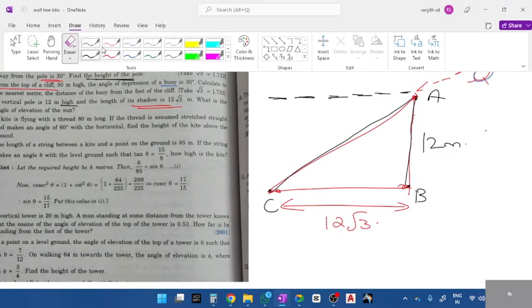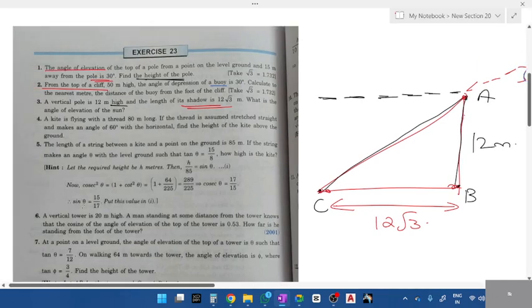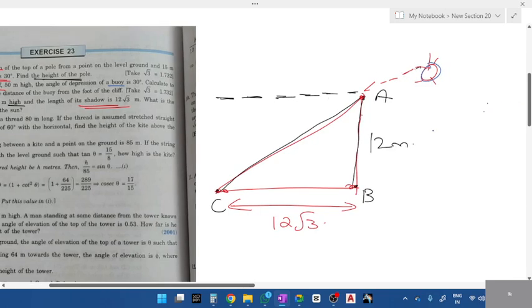What do you have to find here? What's the question asked? What is the angle of elevation of the sun? So from the sun's point of view, what is this angle? Is it the angle of depression or angle of elevation? From the sun rays, can you unmute and answer: how are the sun rays falling?